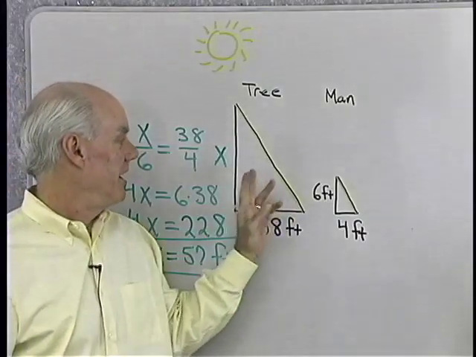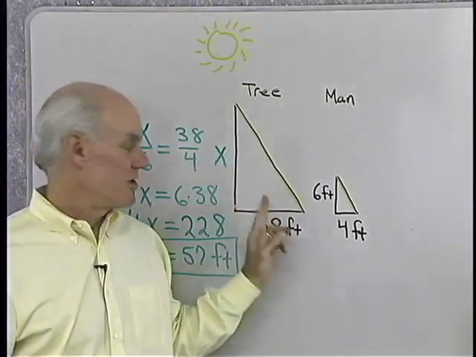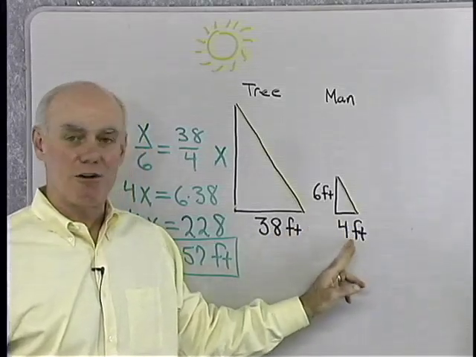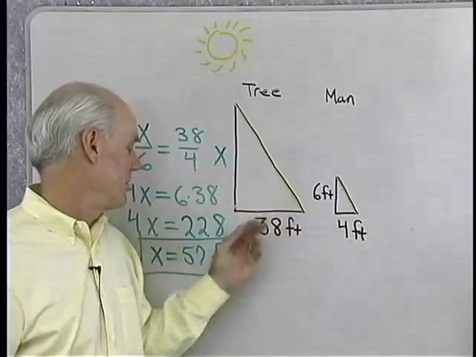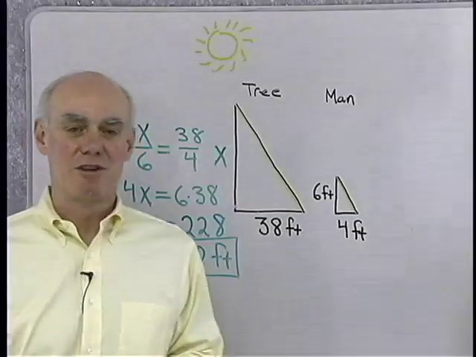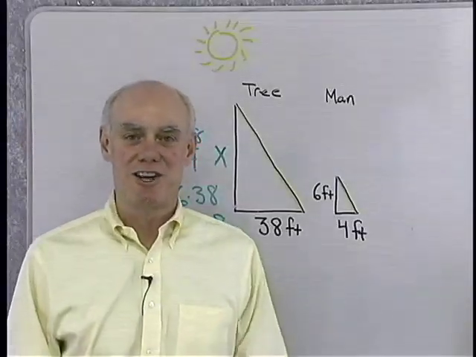So if a tree casts a shadow 38 feet long at the same time a 6-foot man casts a shadow 4 feet long, then the height of the tree must be equal to 57 feet. And we found this by using our property of similar figures that says corresponding sides are in proportion.